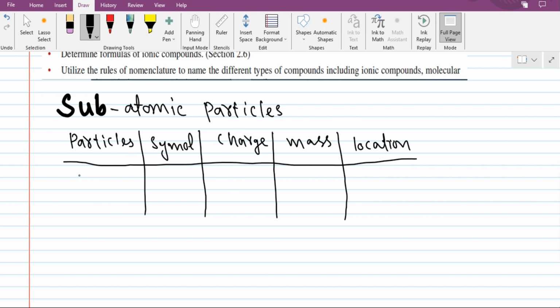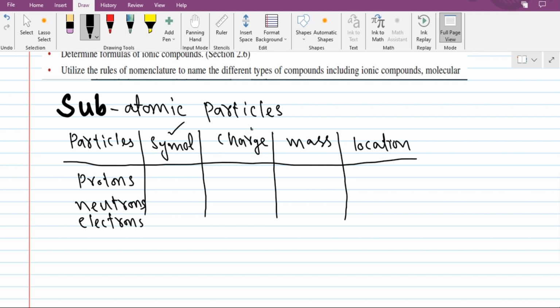So particles means we are going to discuss protons, neutrons and electrons. Symbols stand for the shortest representation that is used by scientists for anything, specifically for the elements which they use in chemical equations.